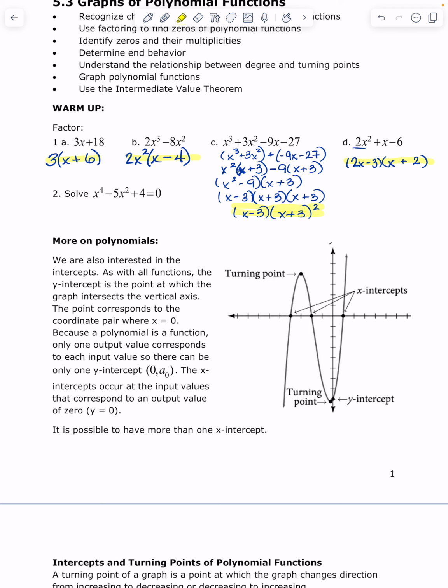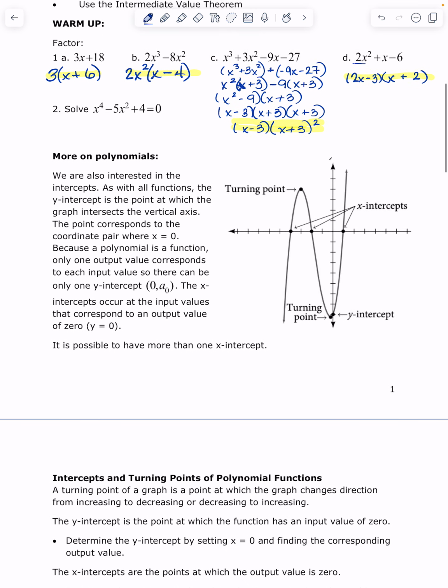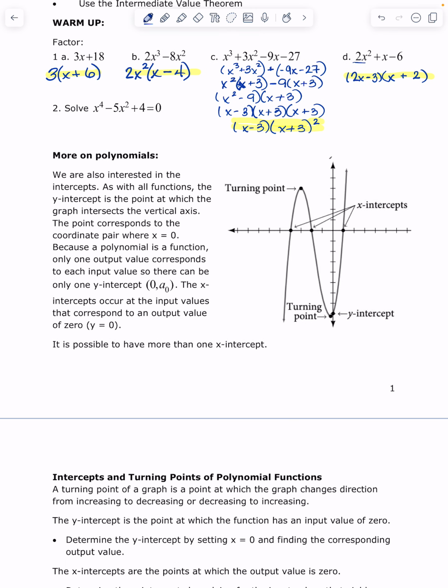Okay. 2, just a little different. We're being asked to solve. So we are going to start by factoring, but I do want to point out I got an x to the 4th here. So, just so it looks better, I'm going to do a substitution.